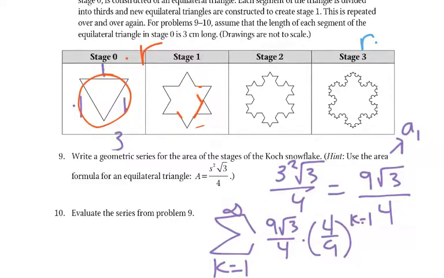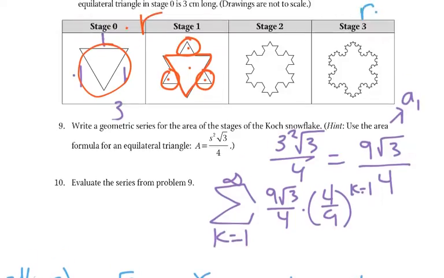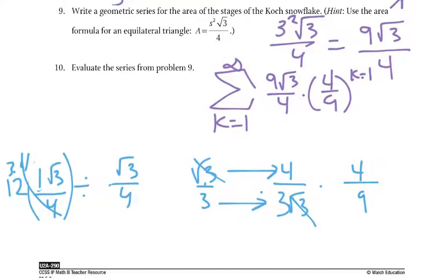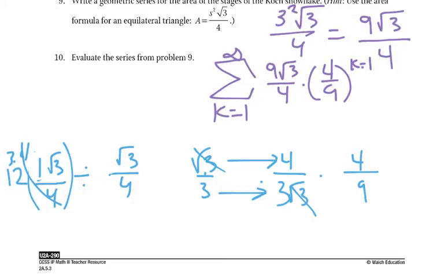Well, what I did was I realized that if I created stage 0's shape, I've only got 3 more pieces. So if we're looking at finding the areas of these plus that, we end up with 1 square root of 3 over 4.